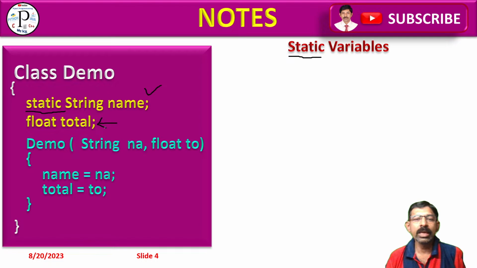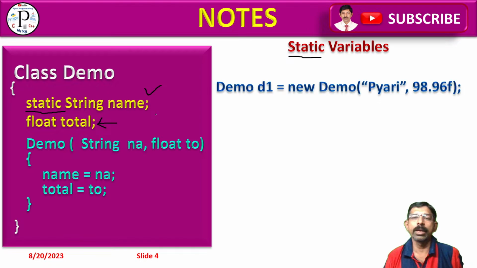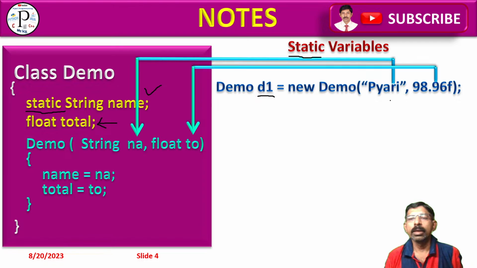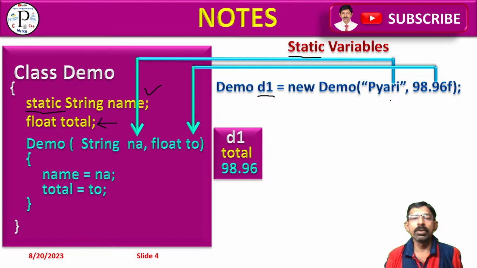The static keyword specifies it is a class variable. That means it belongs to the class, not to the object. So let's see how it works. Now again I'm creating an object D1, and again I'm passing the parameters over here. Now Pyari is passed to NA and 98.96 is passed to TO. After that it will create an object.